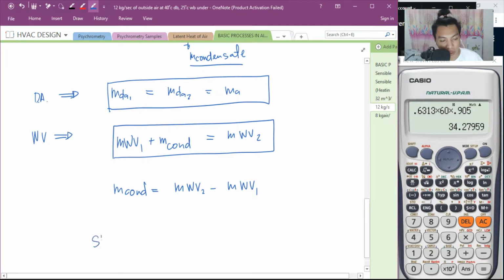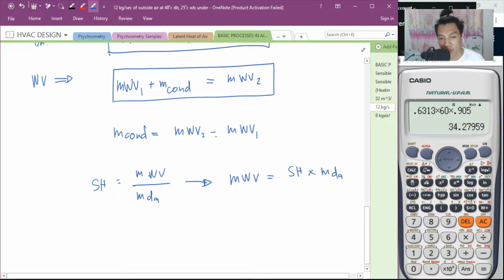Yeah, di ba? Yung SH natin is mass ni water vapor divided by mass ni dry air. Pwede nating makuha si water vapor. As you can see, mass ni water vapor is equal to SH times mass ni dry air. Pwede mong mailabas dito si water vapor, yung mass ni water vapor.